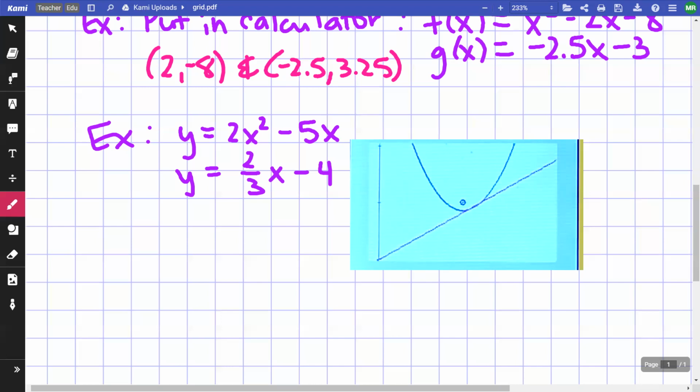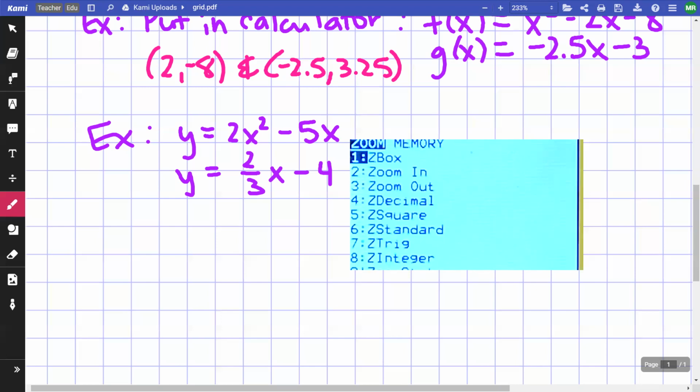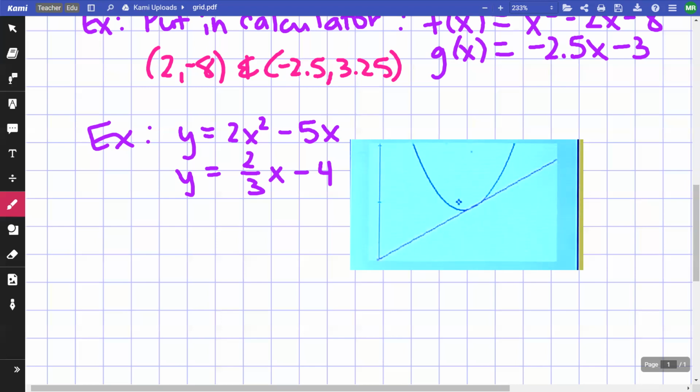Hard to really tell maybe what's going on there. So maybe I go in one more time. Maybe you guys did better than me. So I'm going to do a zoom box again. I'm going to hit zoom and number 1 for a zoom box. I'm going to make sure I get where I think it's crossing into my graph, that whole little section.